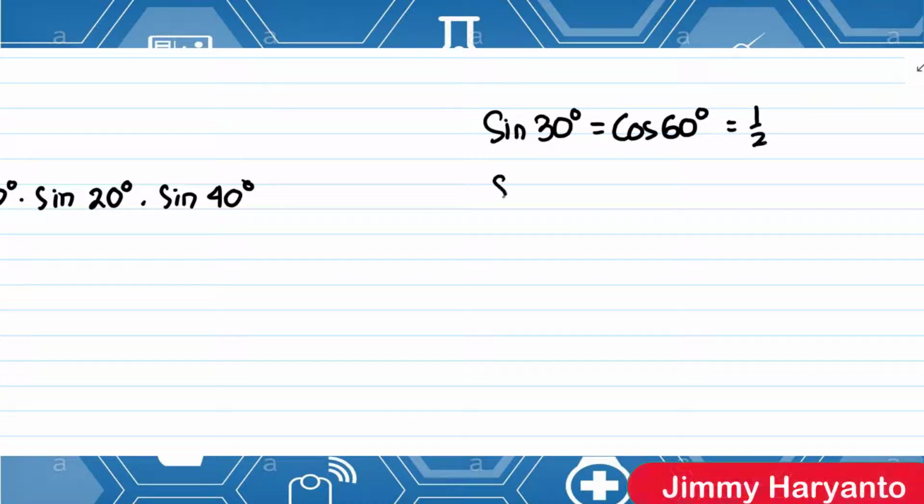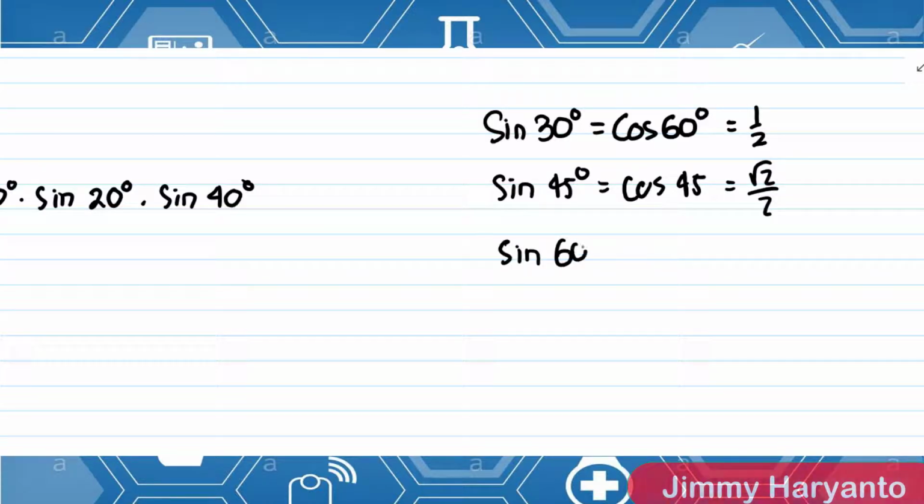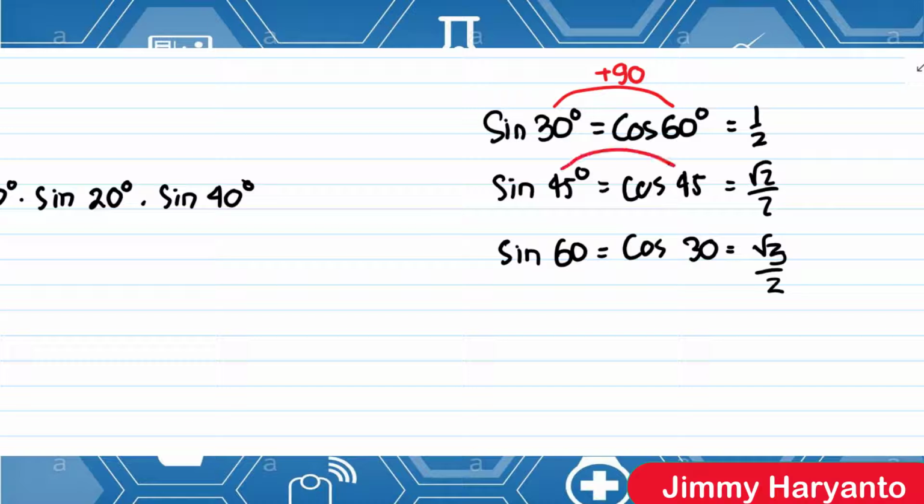And then sine 45 will be equal to cos 45, which is square root 2 over 2, and then sine 60 equals to cos 30, which is square root of 3 over 2. Yeah, take a look at the pattern. This one, if you add them, it will be 90 degree. This one, if you add them, it will be 90 degree. This one, if you add them, it will be 90 degree.